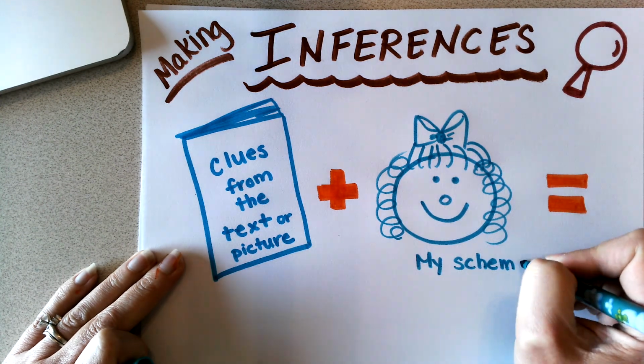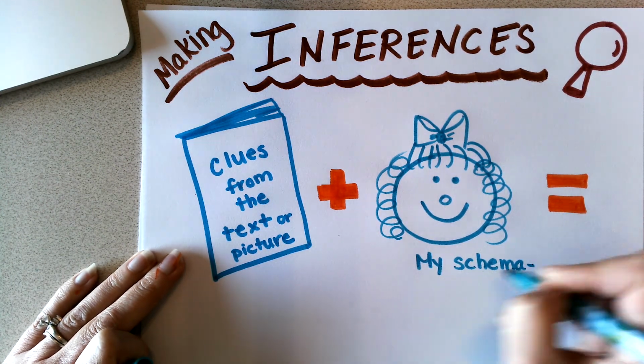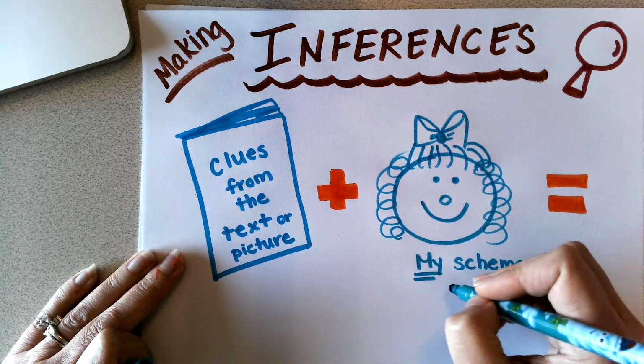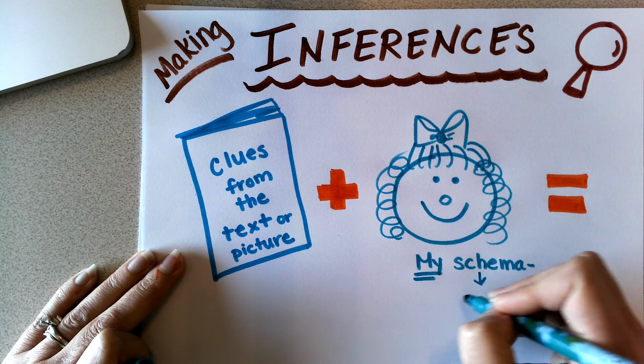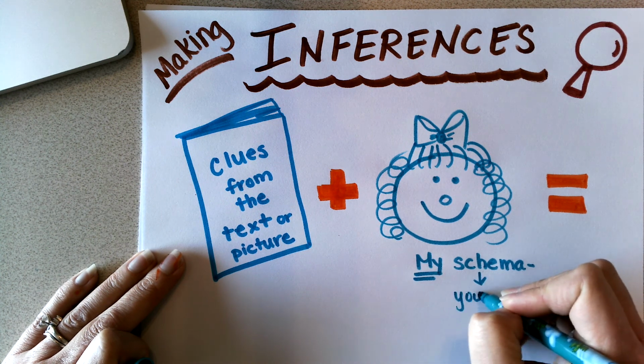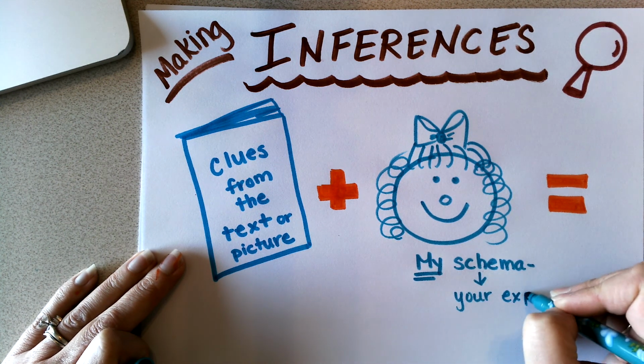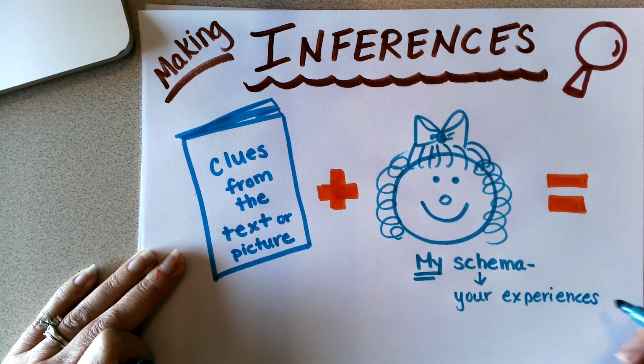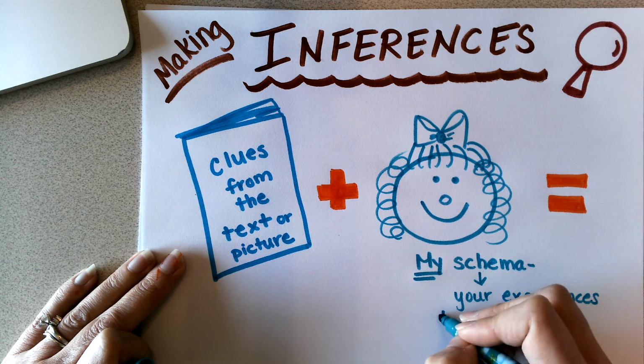But how do I know what to do if I don't know what my schema is? Taking from my experience. So schema is your experiences, what you already bring to the table. So what you've learned in your life or done, and any background knowledge.